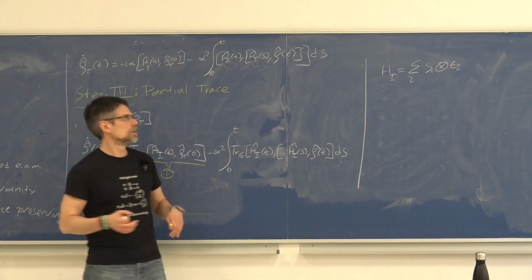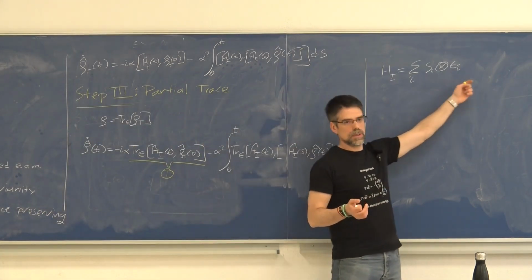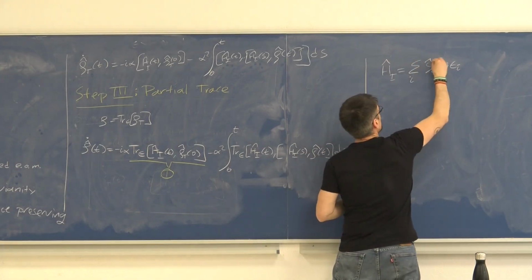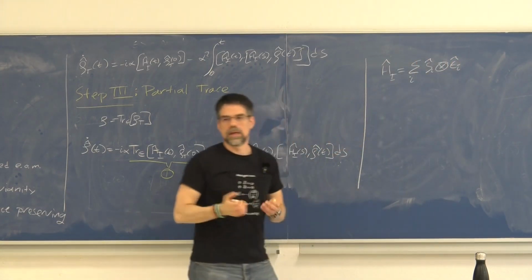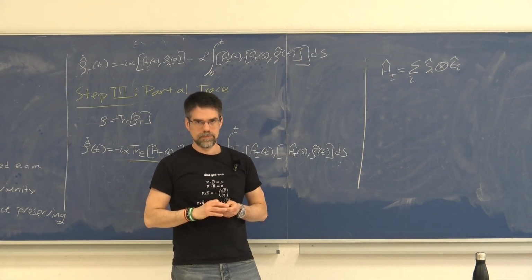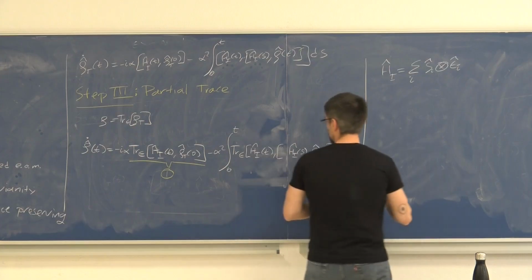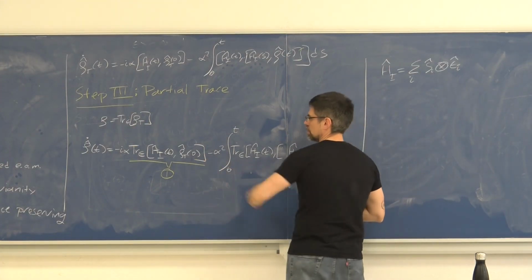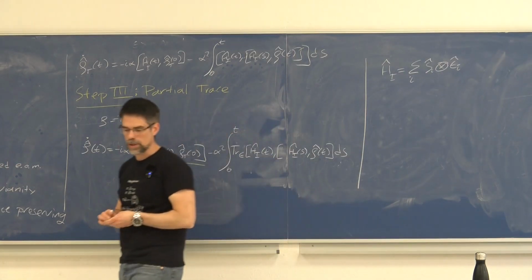Sometimes you get only one, S times E, but this is not general. Of course this happens the same in the interaction picture, because it's basically the same thing. So we have to do the same with the total system.